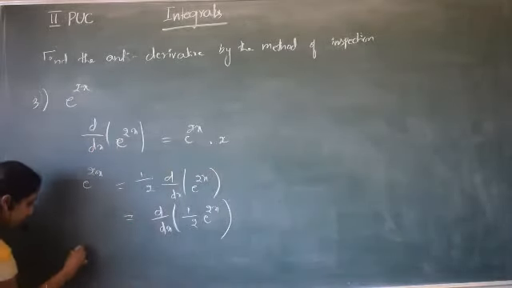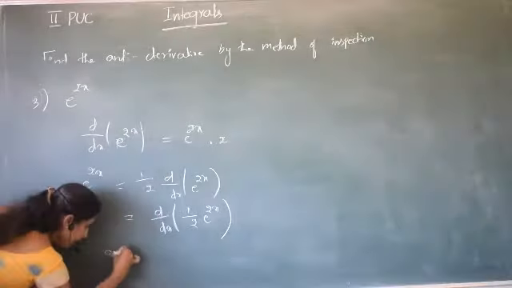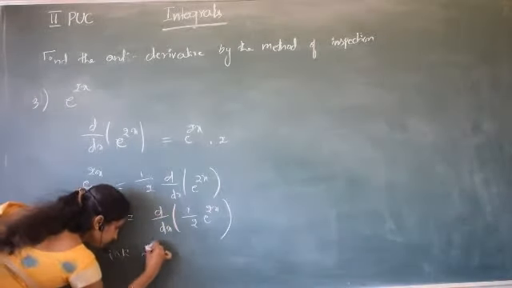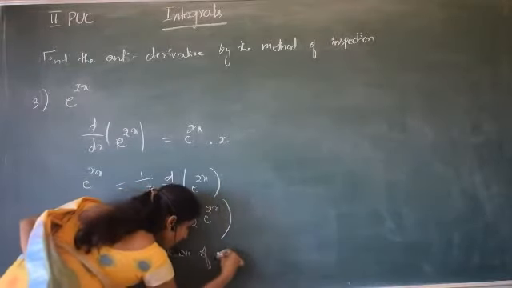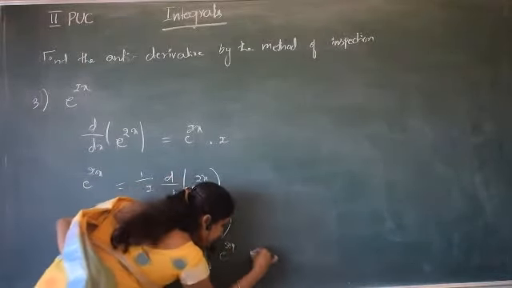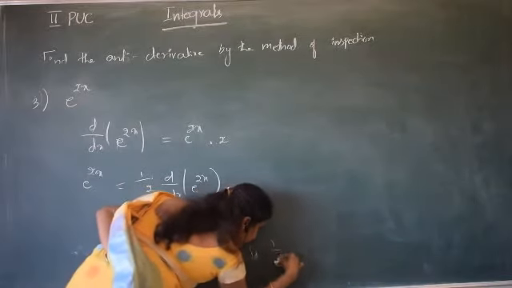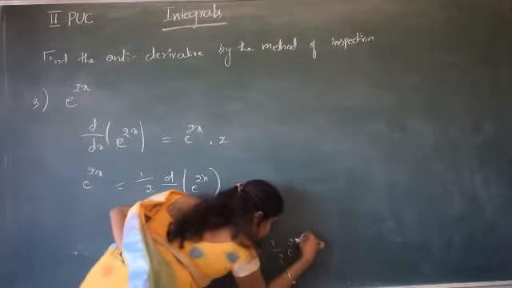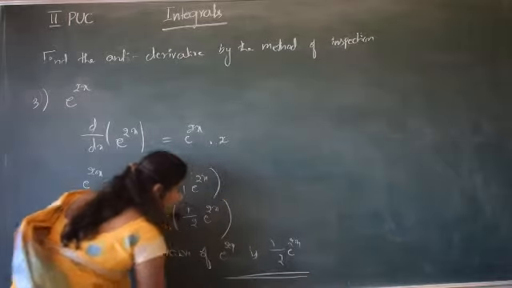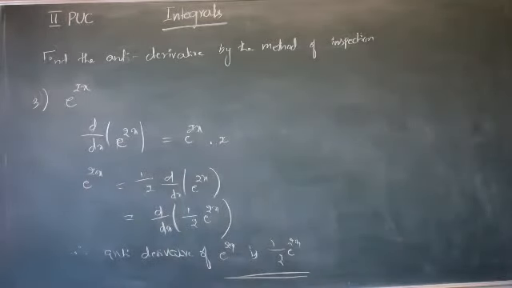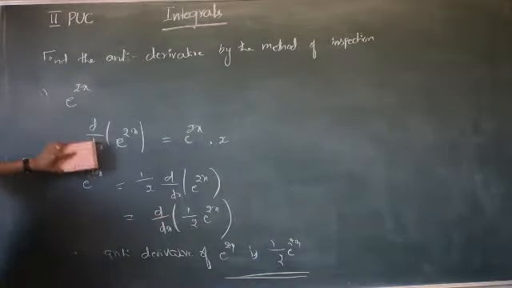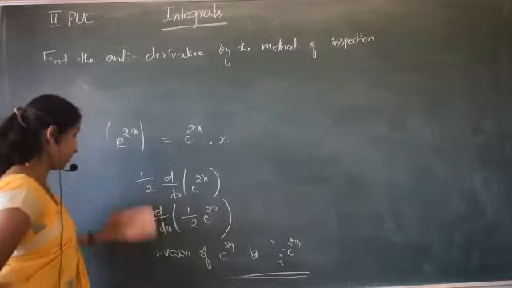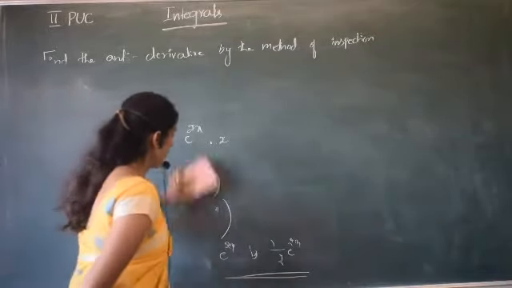Therefore, the antiderivative of e power 2x is half into e power 2x. So this is finding the antiderivative or integral value by the method of inspection. This is not so important.